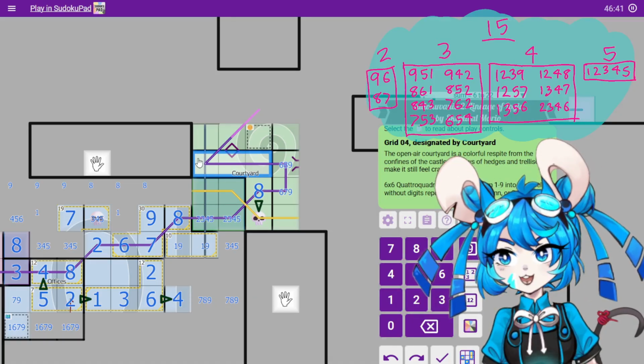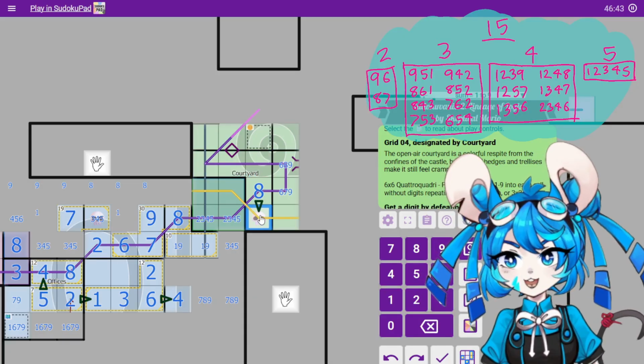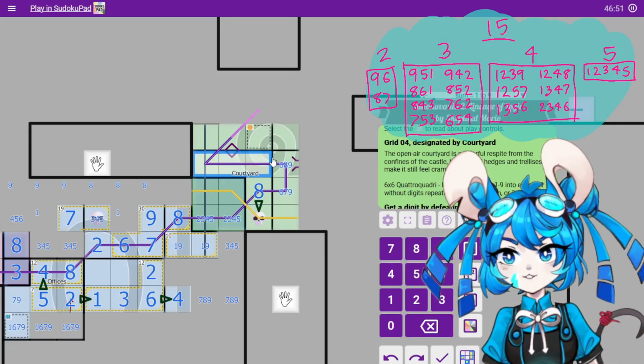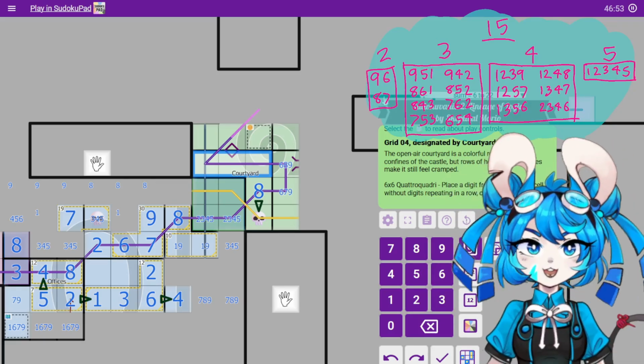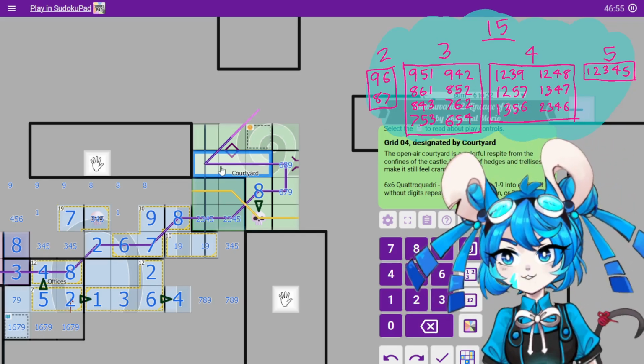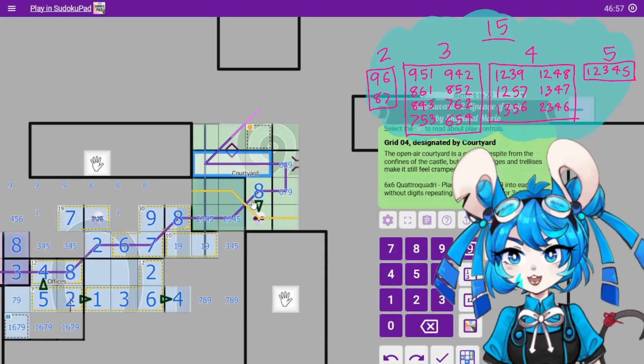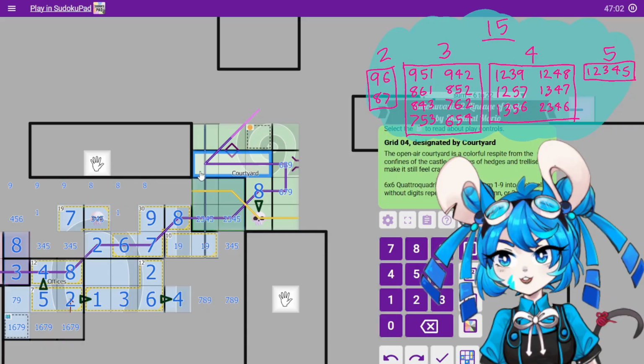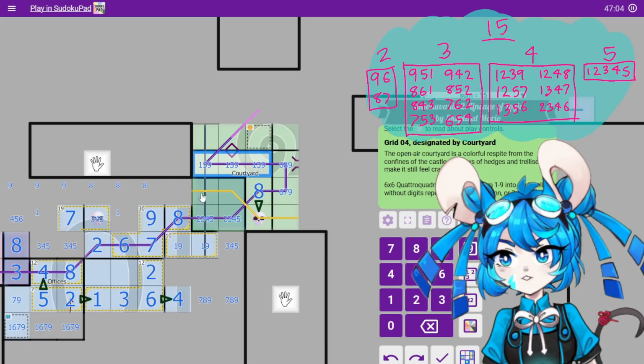So I think that means that we cannot leave the 9 alone or the 1 alone. Obviously we can't use 861 because there's not a 1 here. So this section of the line needs to be 951.